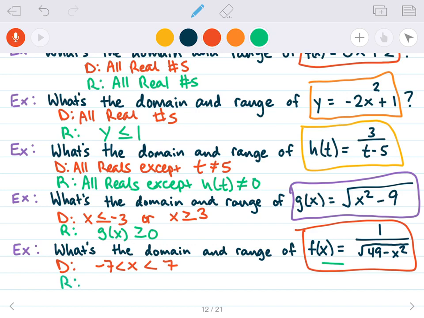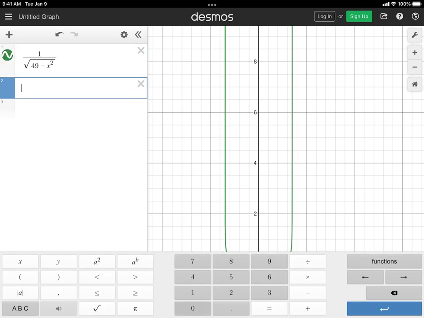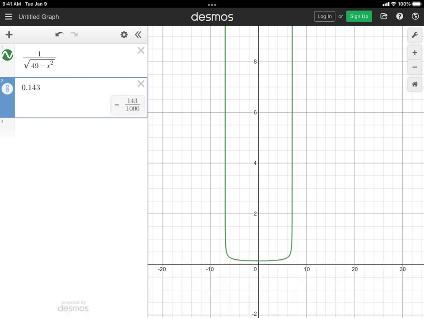All right, so what's our range going to be? How far down to how far up does it go? Well, we can see from this graph that the lowest point is when x equals 0, and that happens at 0.143. In your homework, it might ask you for a fraction or an exact value. If I put 0.143 in here and click on this blue thing to the left of it, it's going to give me a fraction, 143 over 1,000.